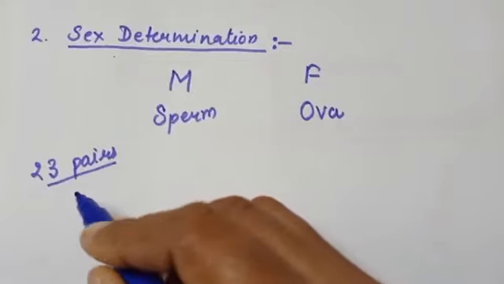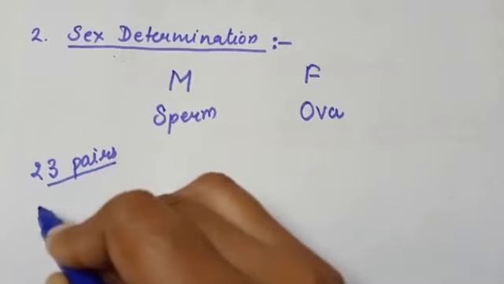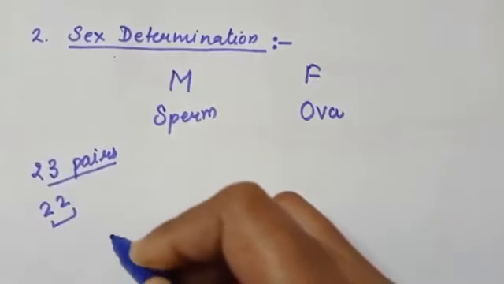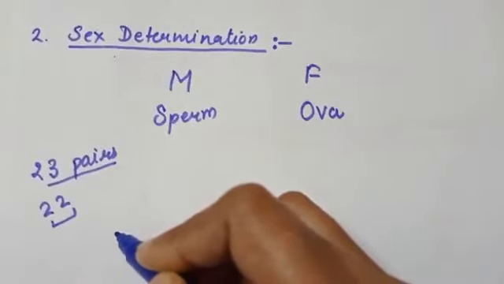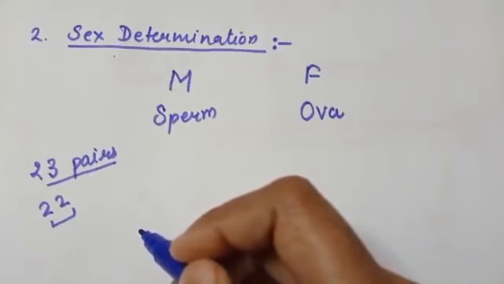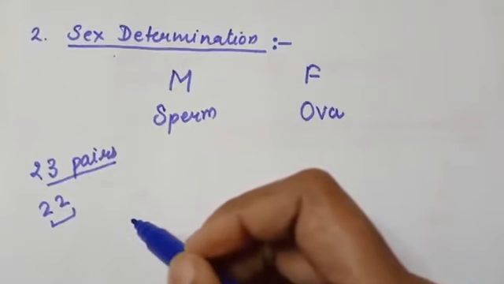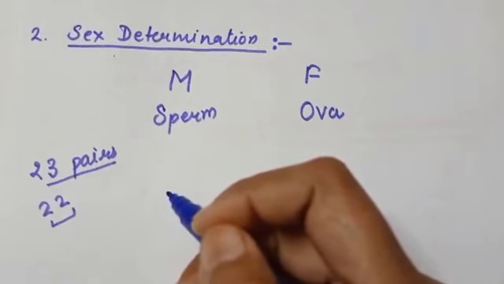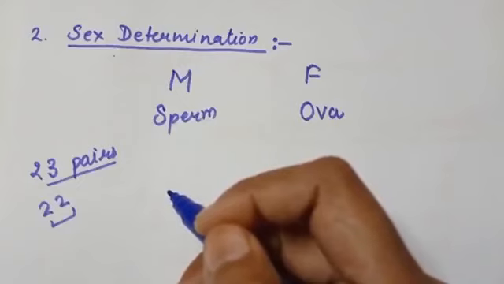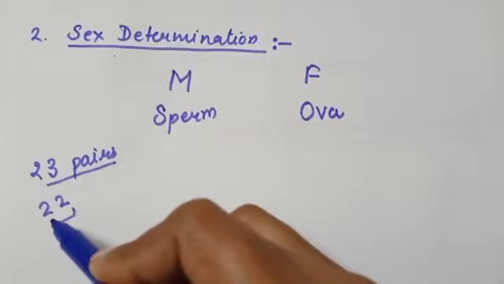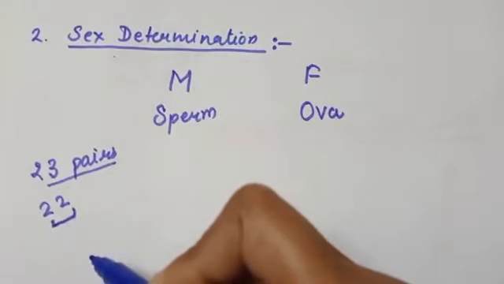Out of these 23 pairs, 22 pairs are the autosomes, the chromosomes which carry the genes representing the normal characteristics, like the color of hair, the color of eye, height, or the type of ear, the type of hair we have. All these normal characteristics are carried by these 22 pairs of chromosomes.